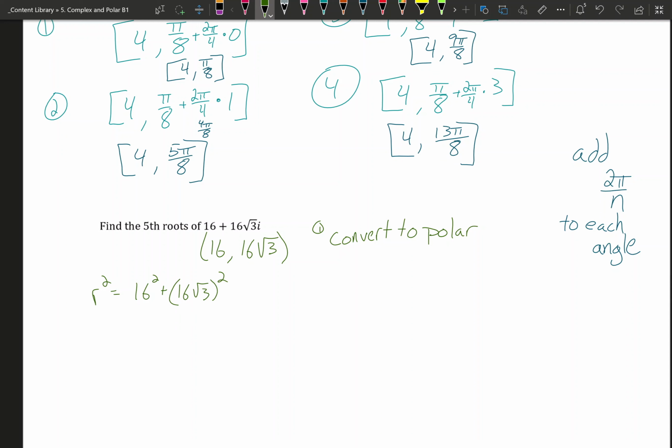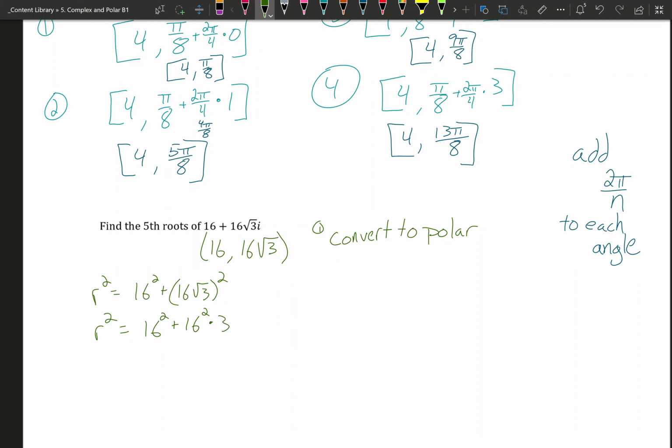Now, we're going to do a cool thing here because we are trying to avoid going, well, what's 256 times 3? Watch. Let's square the 16 root 3, but leave it as 16 squared multiplied by 3.